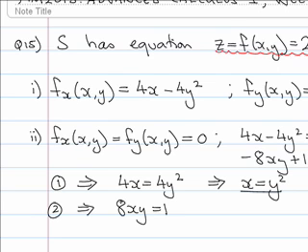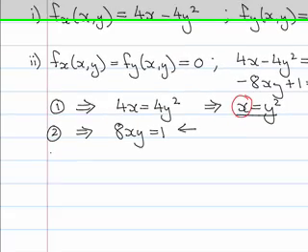So now we can make a substitution. We know that x is equal to y squared here. So using that in this equation here gives the following.